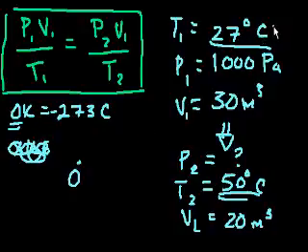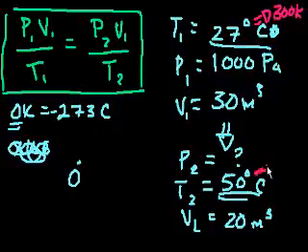So this is equal to what? Add 273 to 27 degrees Celsius, that's 300 Kelvin. And then 50 degrees Celsius is what? Add 273 to it. So 50 plus 273 is 323. Right? So now we can substitute into this formula.